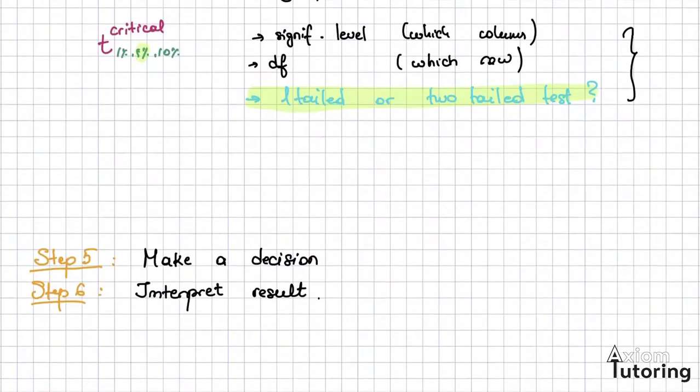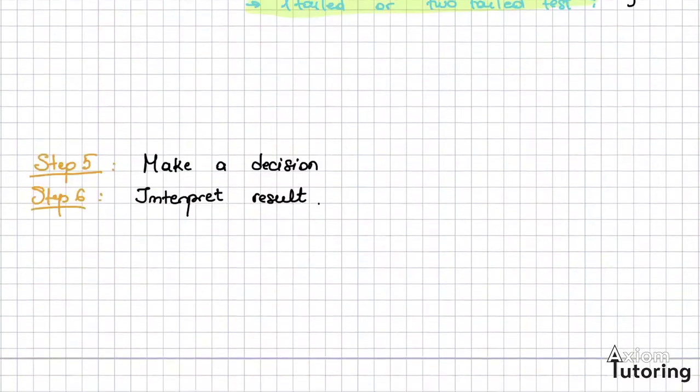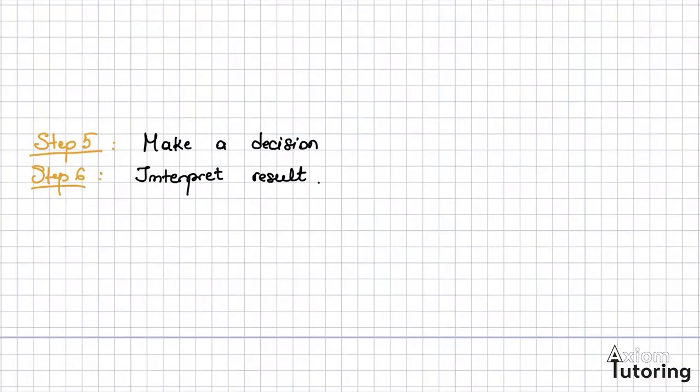Once you find the t-critical, step 5 and 6 come one after the other, making a decision and obviously interpreting the result. The decision rule is quite simple for this approach.